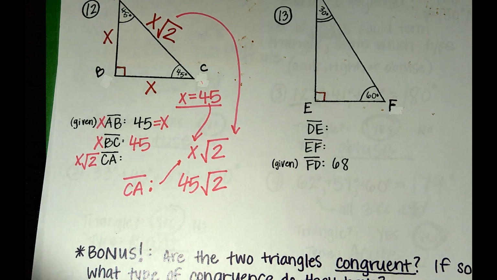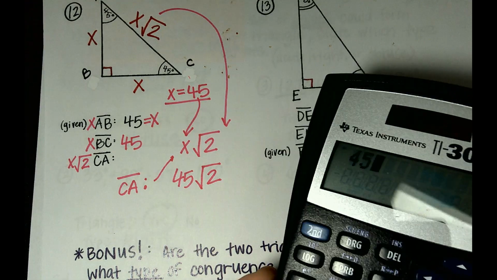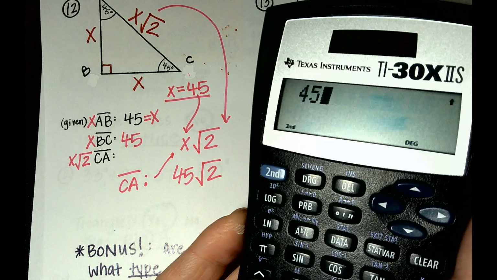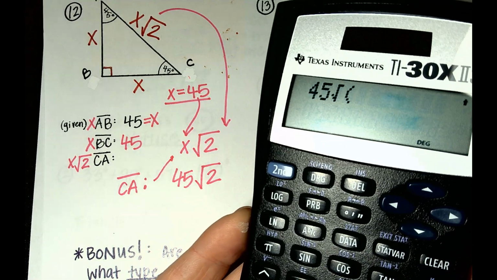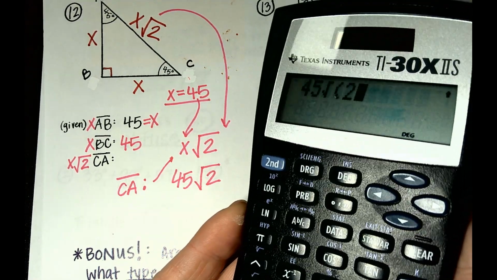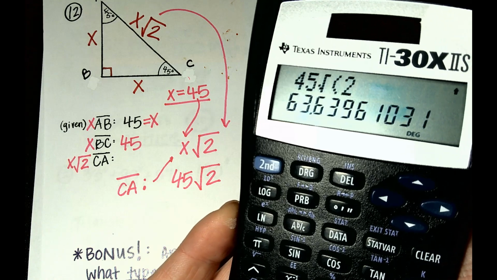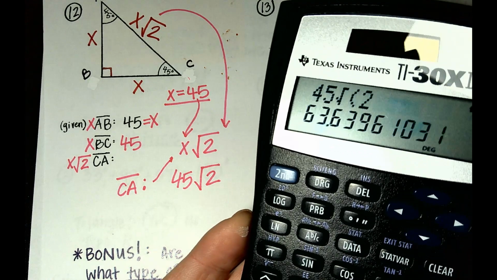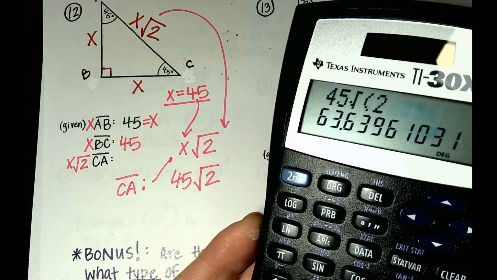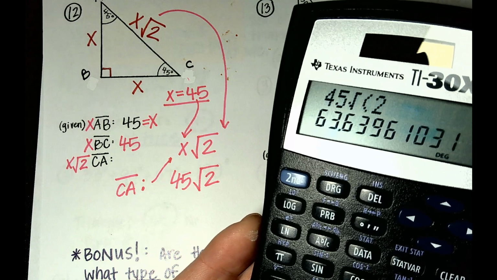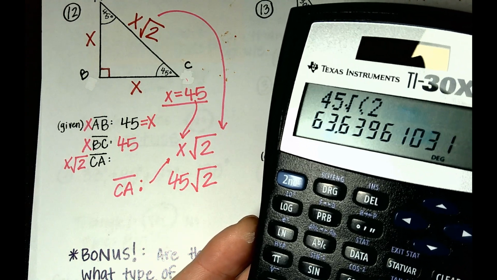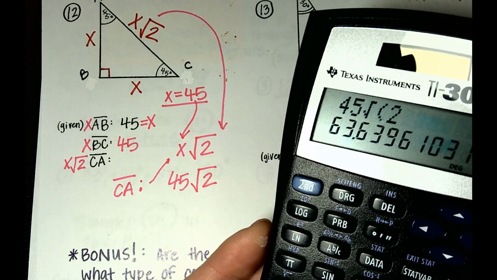You might be right. Let me double check. 45 radical 2. 63.63 or 0.64. Is that what you said you got? I got 63.63. I didn't round it up. Perfect. That is perfect.